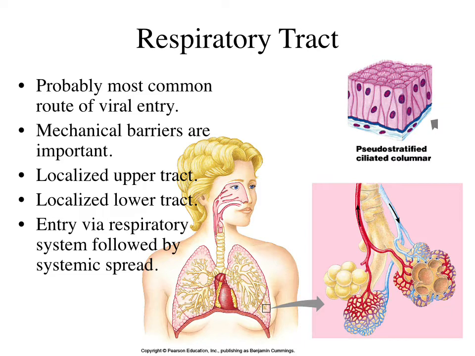Now, we do see that some viruses will be localized to the upper respiratory tract and some to the lower respiratory tract. The upper respiratory tract is where we typically will find rhinoviruses. They get their name from rhino, for the nose. And these viruses cause probably about half of the colds that we get every year.